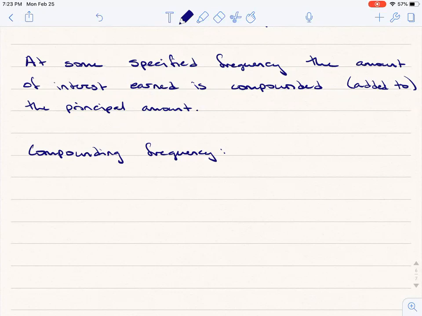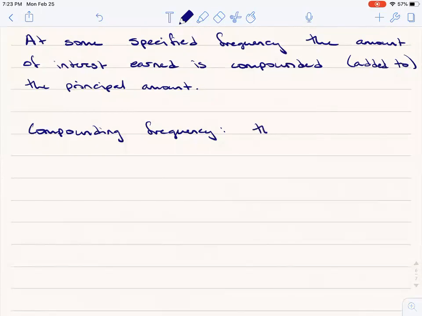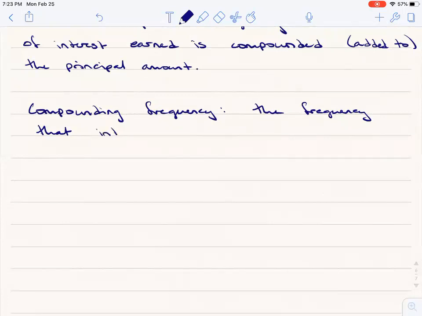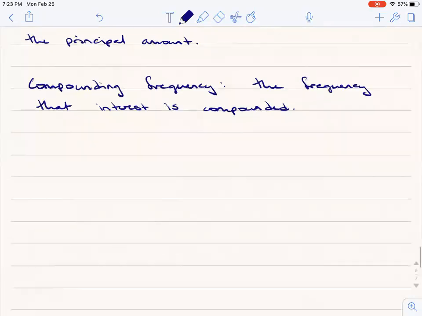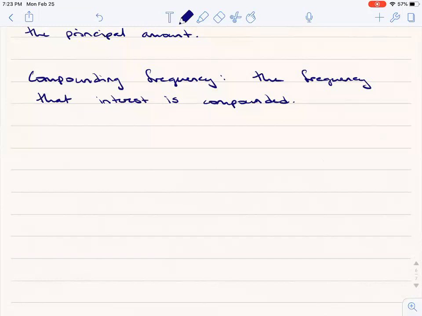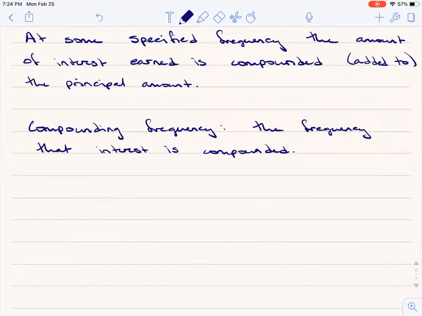I don't know how else to say it, but it's the frequency that interest is compounded. And it is denoted by a lowercase f.